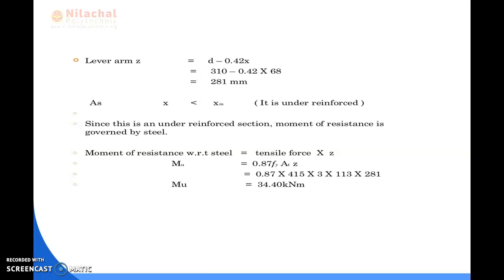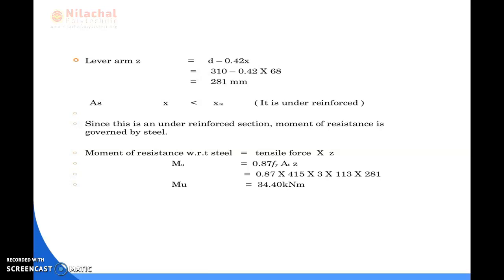Since this is an under-reinforced section, the moment of resistance is governed by steel, and it is equal to tension force into lever arm Z. So Mu is equal to 0.87 into fy into St into Z. Fy is 415, St is 3 into 113, and Z is 281. So Mu is equal to 0.87 into 415 into 3 into 113 into 281, that is equal to 34.40 kilonewton meter.